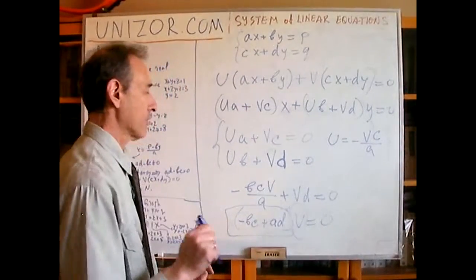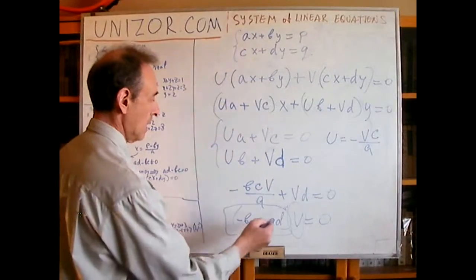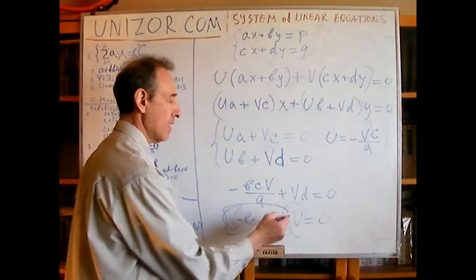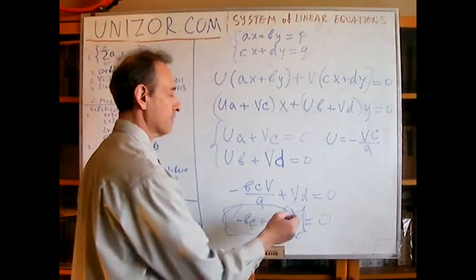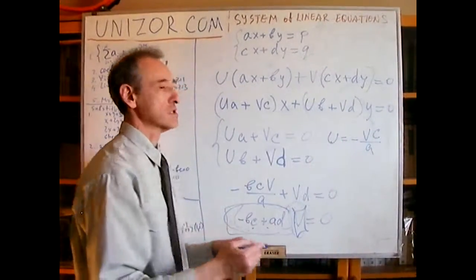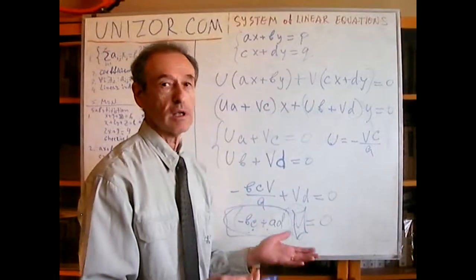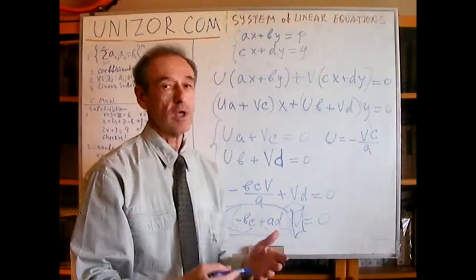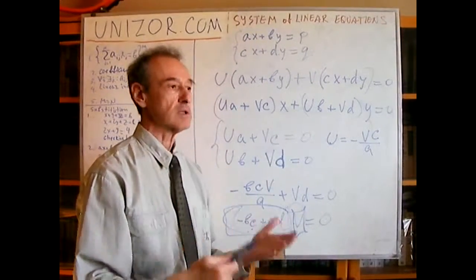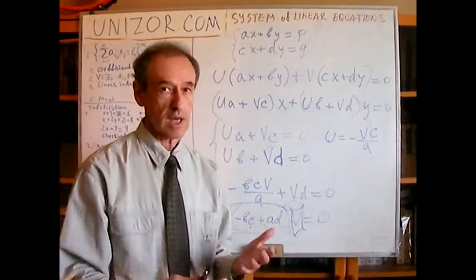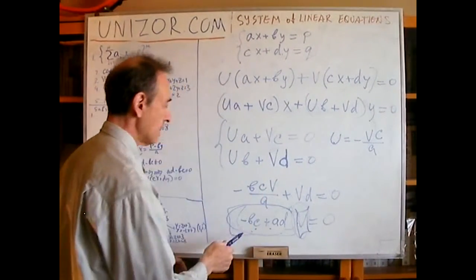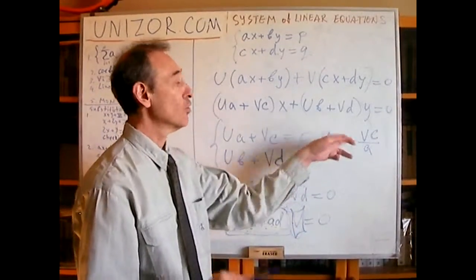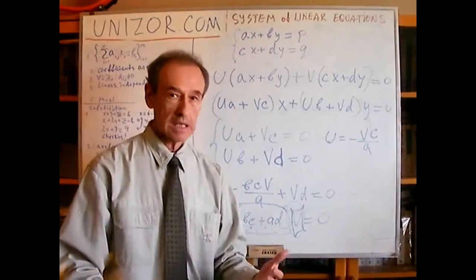Now, if however ad minus bc is not equal to 0, then v must be equal to 0. And if v must be equal to 0, then u must be equal to 0. And obviously this is not a linear dependency, because of course I know that 0 times this plus 0 times this would be 0. Linear dependency means that u and v are not both equal to 0. So if ad minus bc is not equal to 0, the system would be independent.